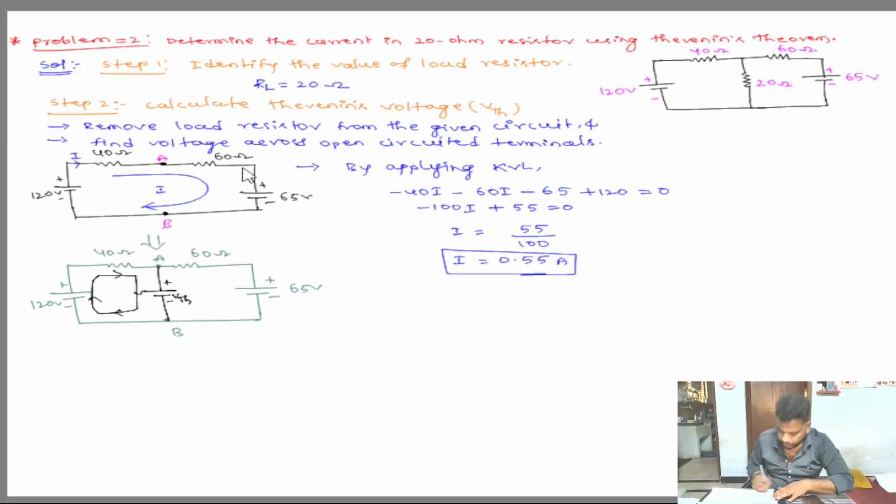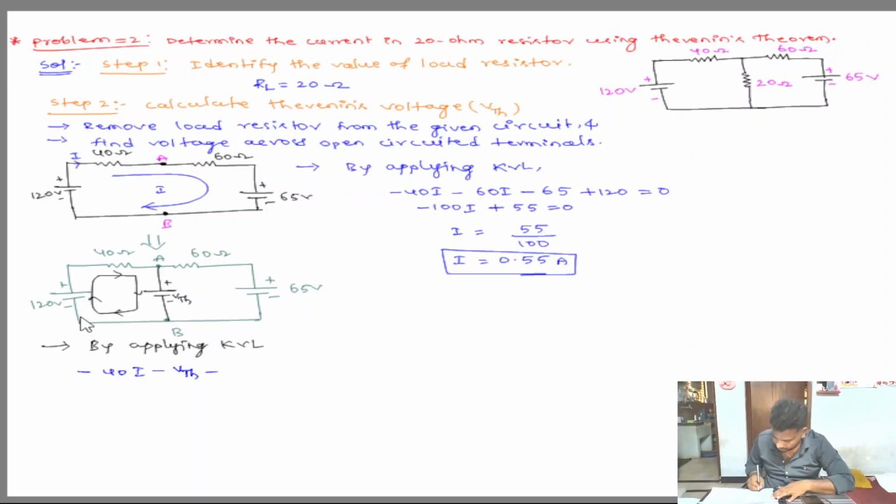By applying KVL, write the KVL equation. For the 40 ohm resistance, it is minus 40I. At VTH, current is flowing from positive to negative, so it is a drop: minus VTH.